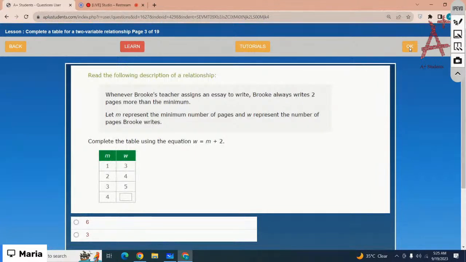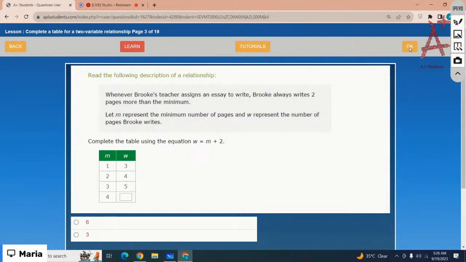The missing value is 4, right? Whenever Brooke's teacher assigns an essay to write, Brooke always writes 2 pages more than the minimum. Let M represent the minimum number of pages and W represent the pages Brooke writes. Complete the table using the equation W equals M plus 2. That means you can calculate the values of W by adding 2 to each M value, right? So which value is missing then? How do you calculate the missing value?